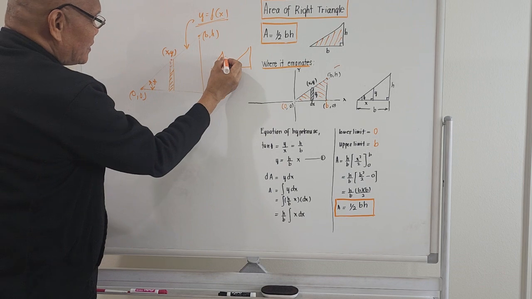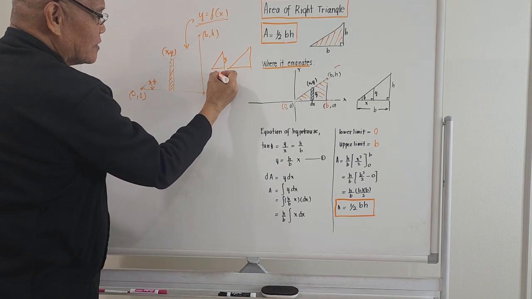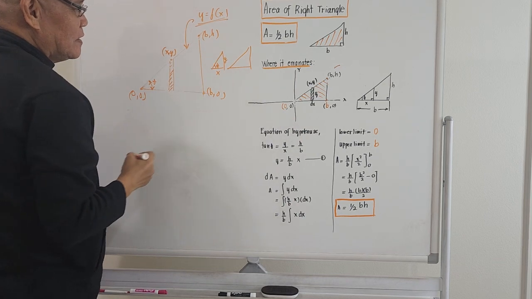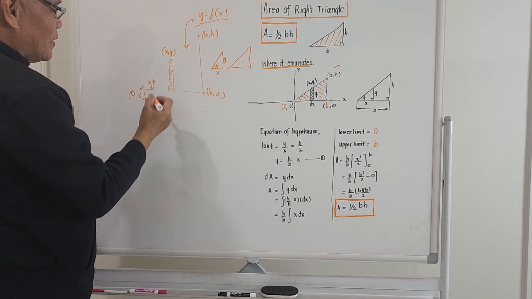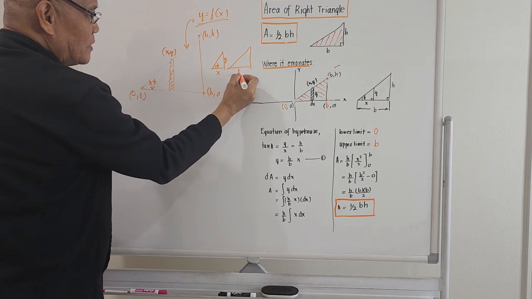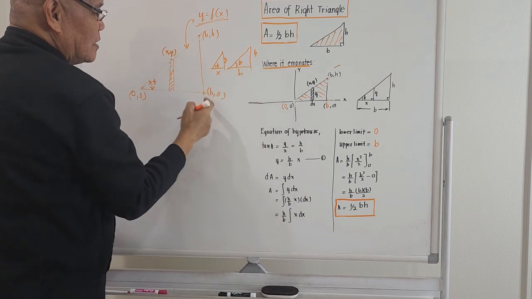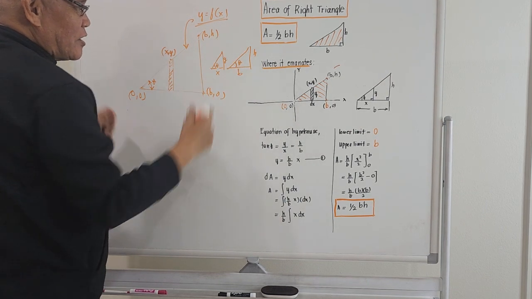This should be y, and this is x, and this is angle theta. The second right triangle will be this total triangle from 0 to b. So this should be b, and this is x, and this is angle theta. This is theta, this is theta, they're the same.